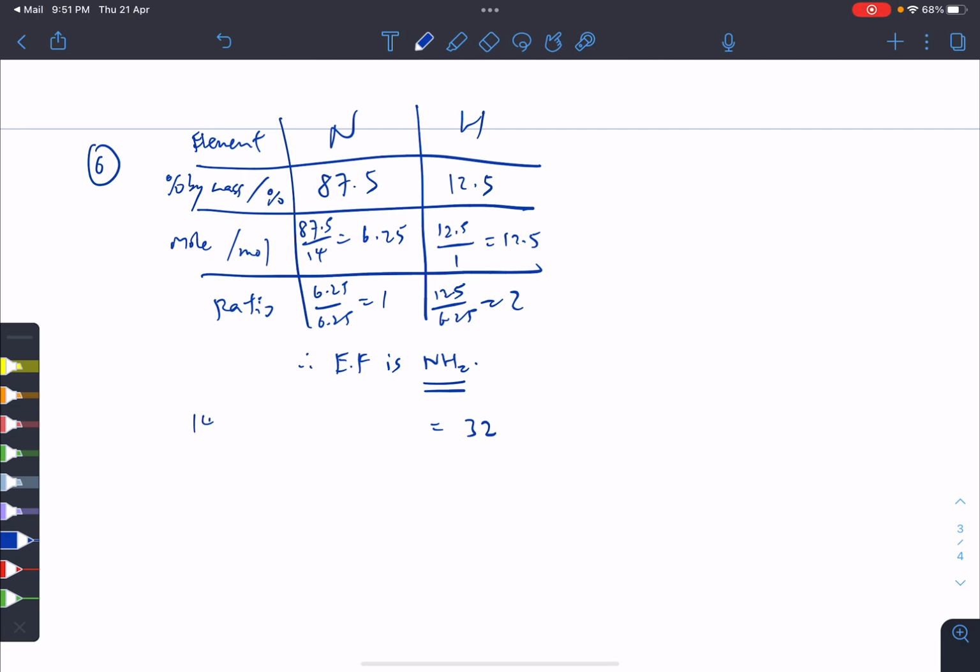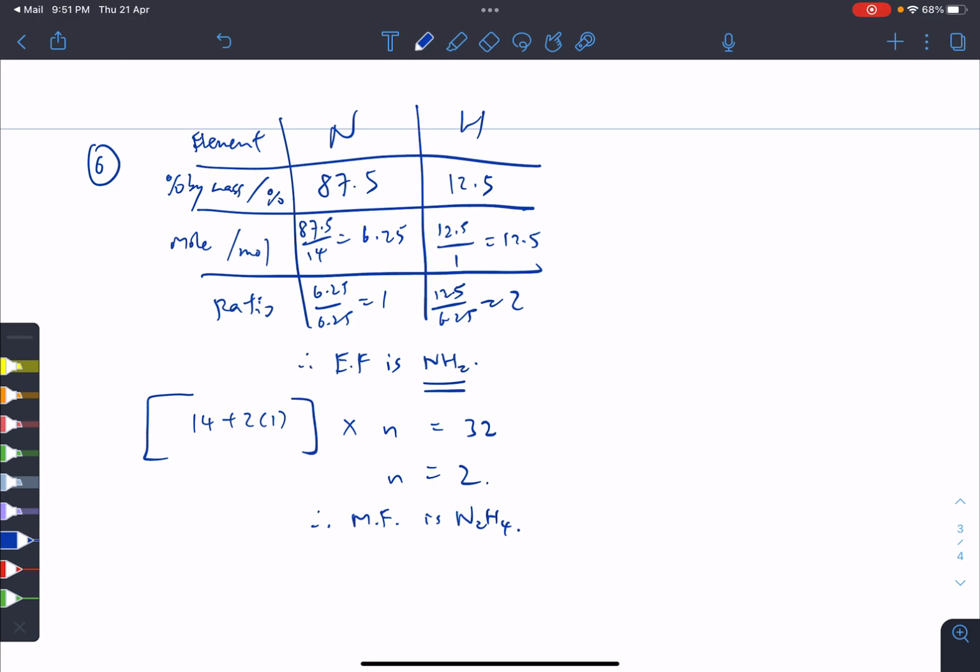N is 14, H is 1. So it's a multiple of this, so it's n number of it. You solve it, n equals 2. So the real thing is double my empirical formula, double the simplest form. So the molecular formula is just N2H4.